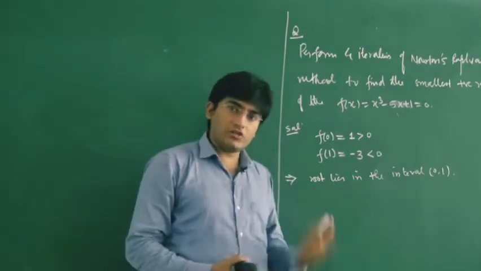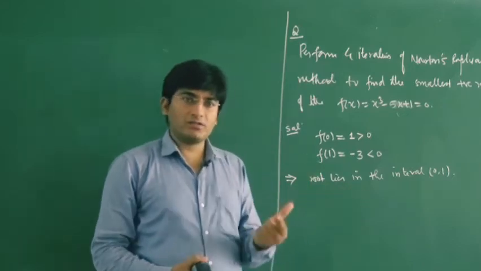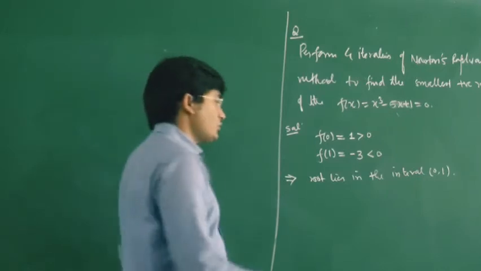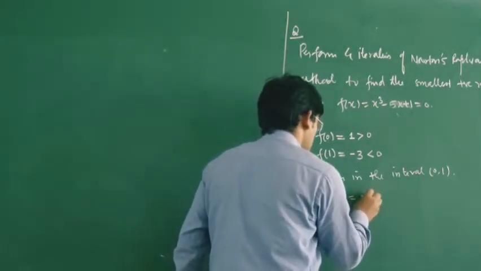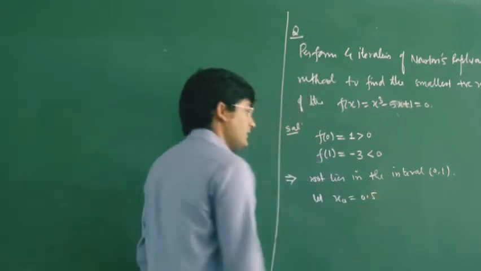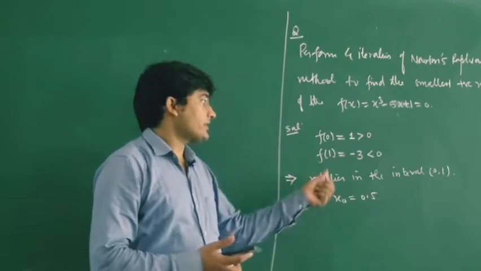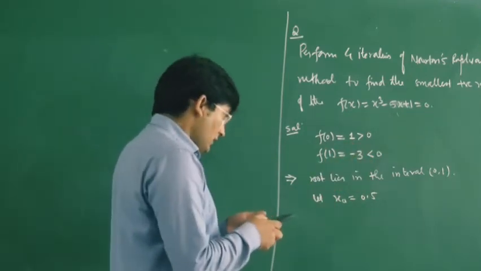But if you have any confusion, then take the initial approximation as the midpoint of the interval. So let us assume x0 as 0.5. I am assuming x0 as the midpoint, but we can also assume 0.4, 0.3 and so on.